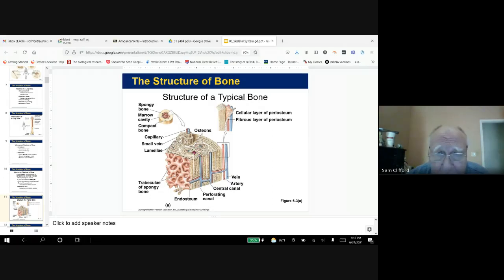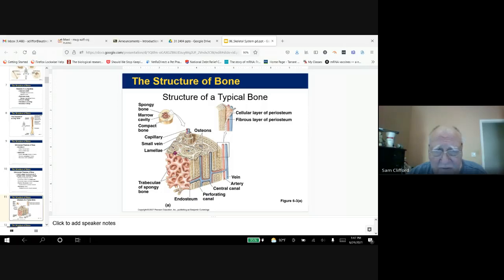We'll see little structures that allow all of the bone cells in these osteons to be nourished and have waste removed. So there's the marrow cavity, compact bone on the outside. Again, the central canal has blood vessels.